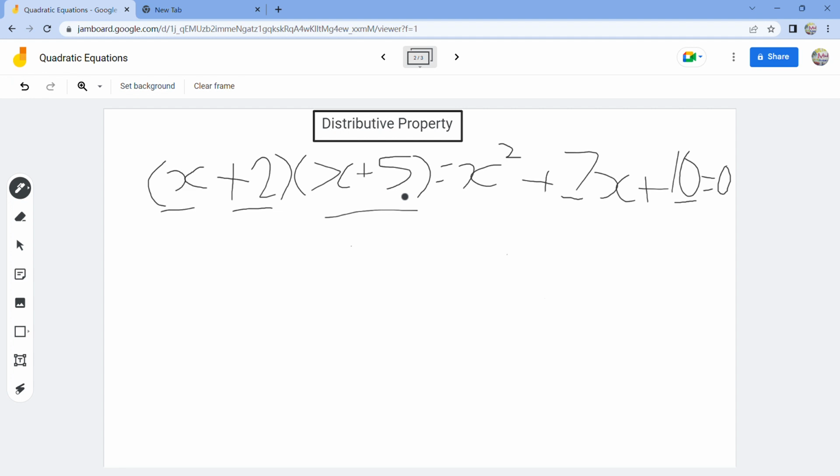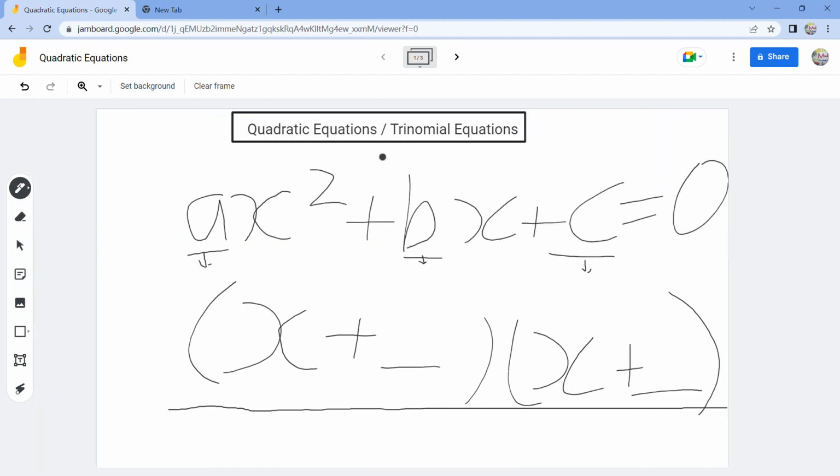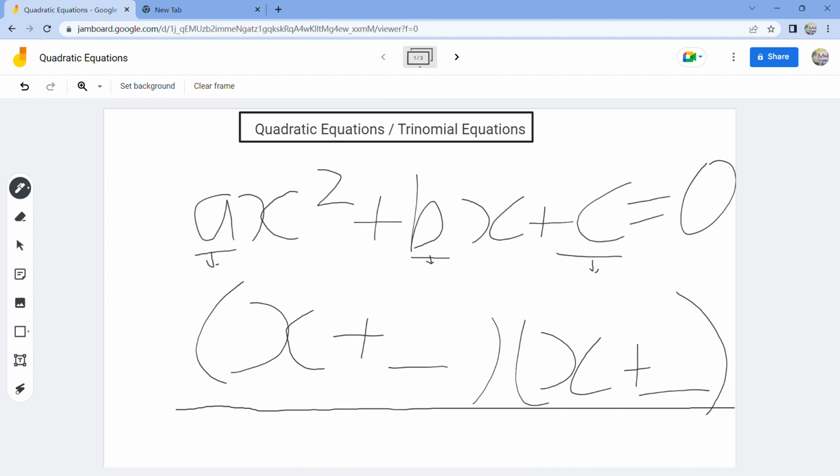In x squared plus 7x, 7 is the coefficient that goes before the variable, and 7 is the sum. So now we know what b is. In the format, b is 7, so b is the sum, and c is the product, or prod for short.